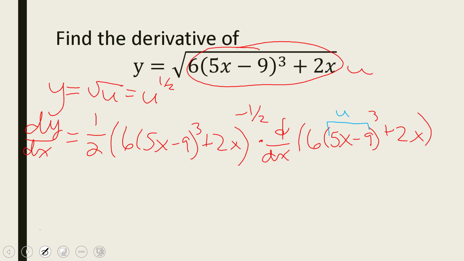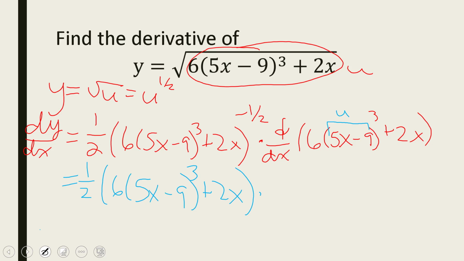So I want to take the derivative of this part here, and I can treat this like the chain rule and do the chain rule again. So now let's rewrite this. So we have 1/2 times 6 times 5x minus 9 cubed plus 2x. And I want to multiply it by the derivative of this. But it's going to be the derivative of 6u to the third.